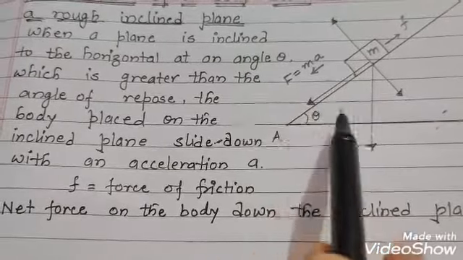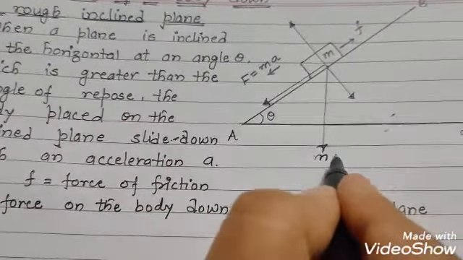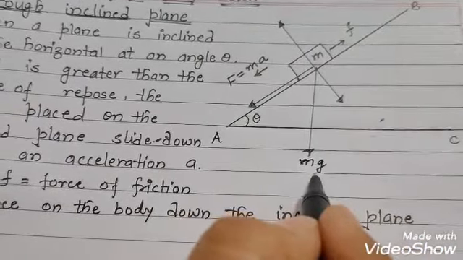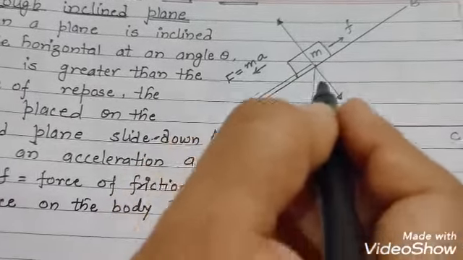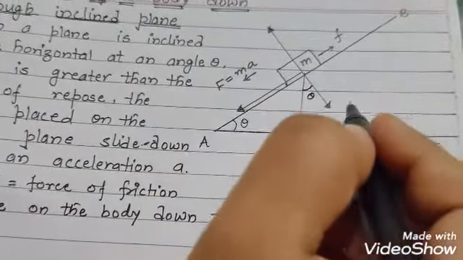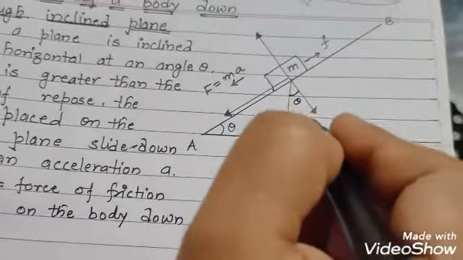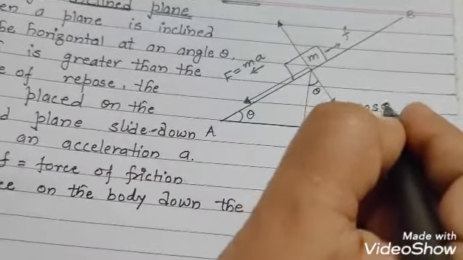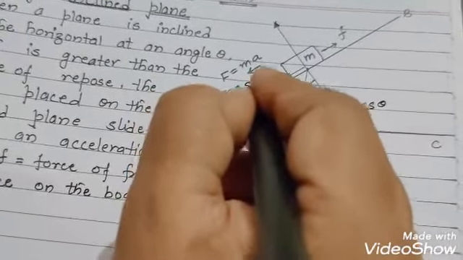You will find this is angle theta, and the weight of the body is working perpendicular downward, and this angle is also equal to theta, and the mg is now resolved into two components. In this direction mg cos theta, and in this direction it is mg sin theta.